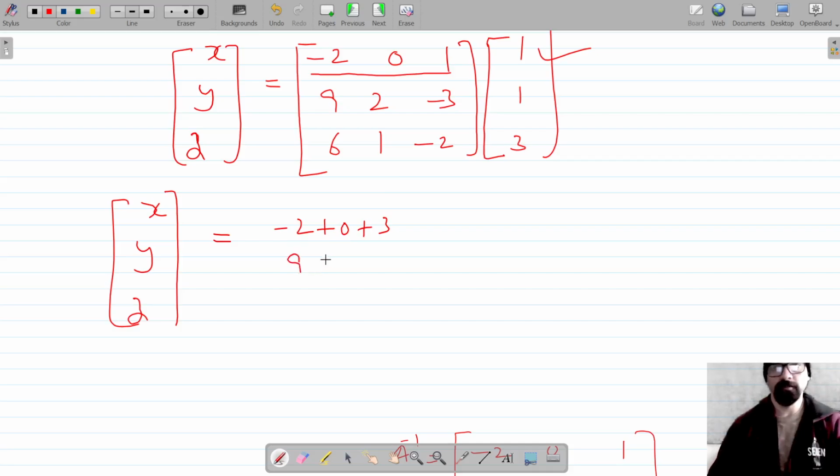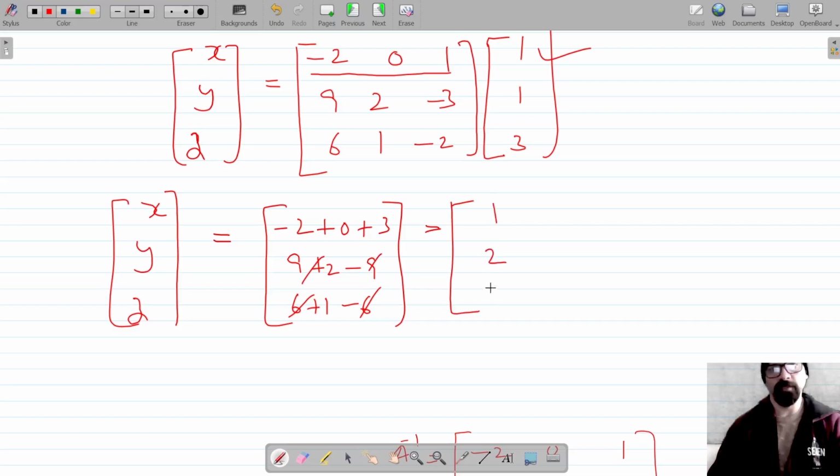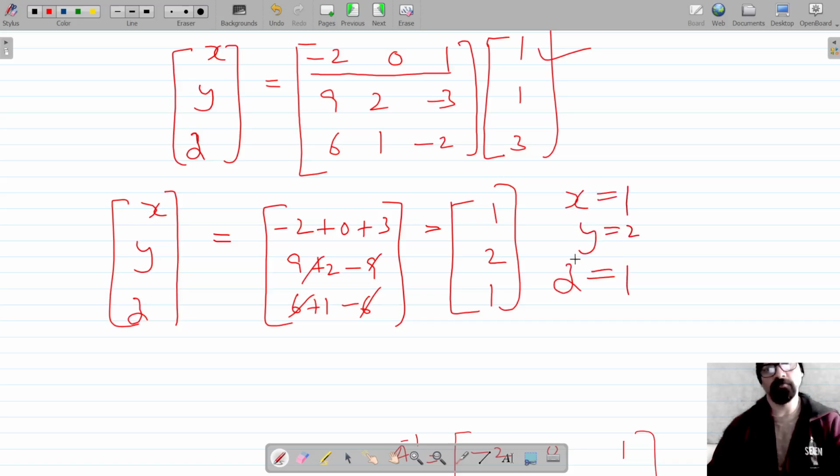This is 9 plus 2 minus 9. This is 6 plus 1 minus 6. This gets cancelled. And finally, we have 1, 2, and 1. So the value of x is 1, y is 2, and z is 1.